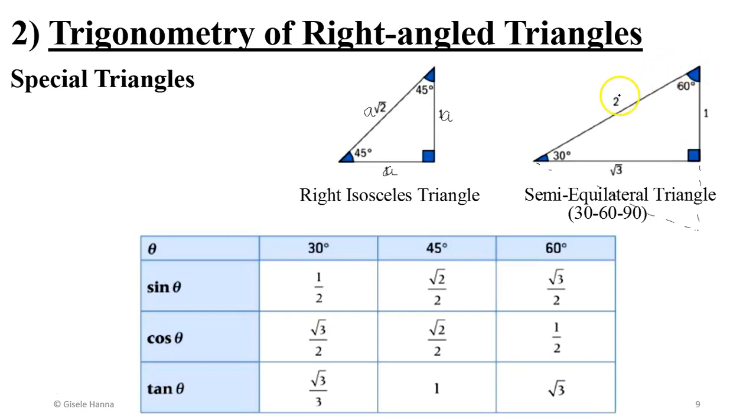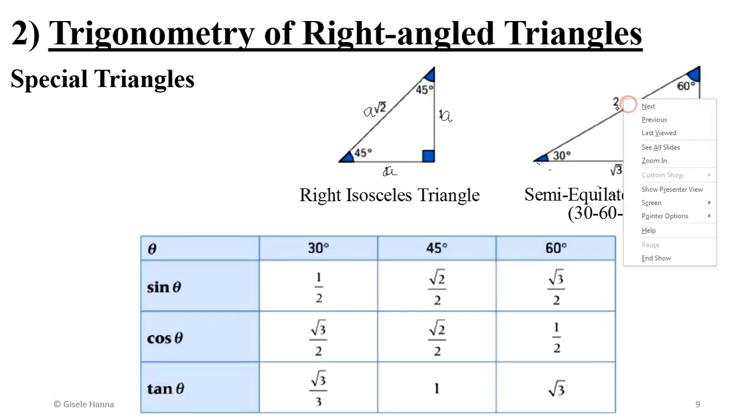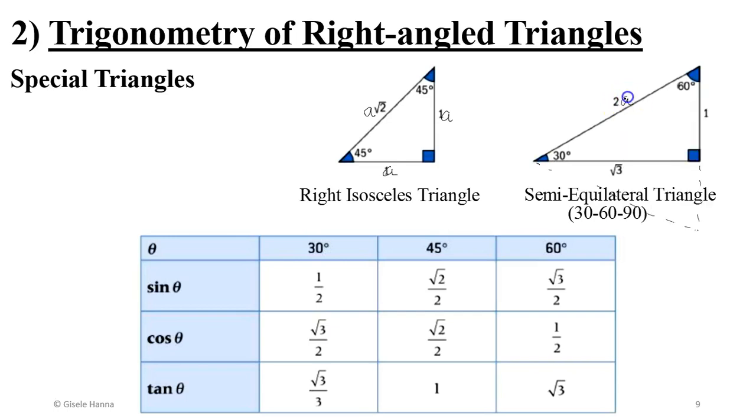We could generalize this by considering the hypotenuse being equal to 2a. So the short leg of the right triangle would be equal to half of the hypotenuse, which is a, and over here it would be a times square root of 3.